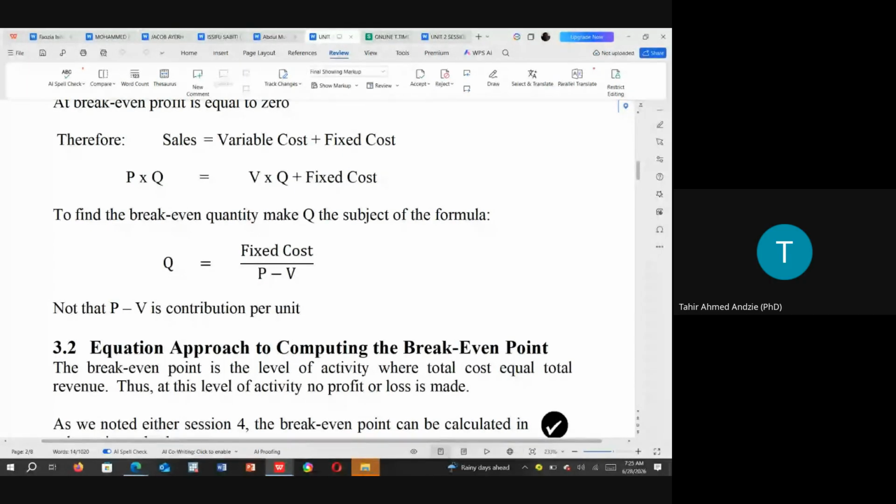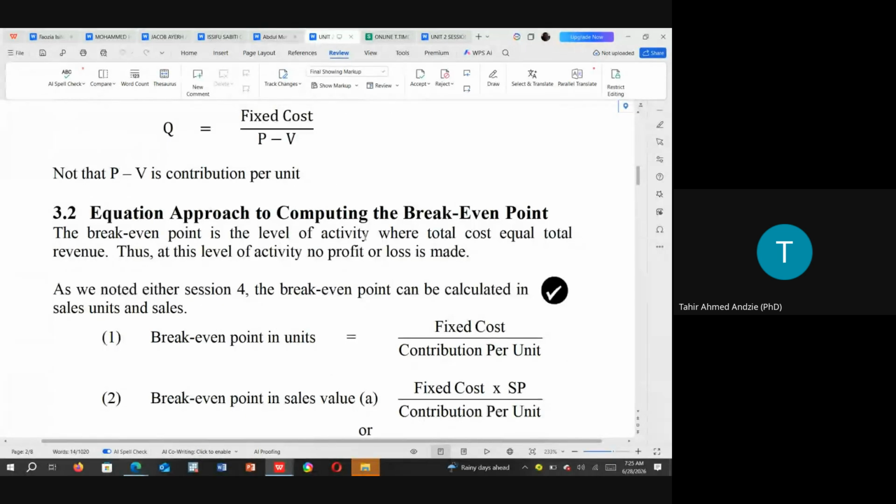So we are saying that in the equation approach to computing the break-even point, the break-even point is the level of activity where total costs equal total revenue. We all know that. At this level of activity, no profit nor loss is made.